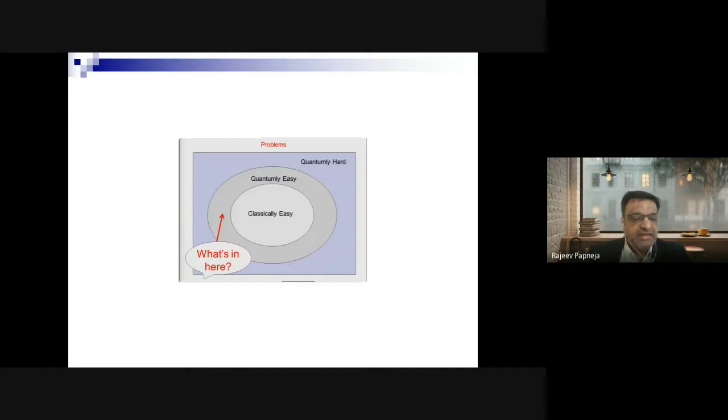Now, if this is such an important thing, and if we know so much about it, what is it that is taking so much time to build a quantum computer? Why not just go ahead with it, build a quantum computer and get ready with it? What's stopping us? Is this just a technology problem?